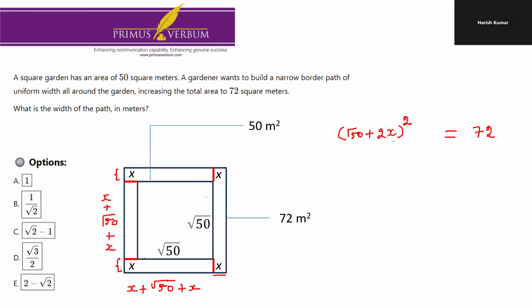Now we want the value of x, but we have root 50 plus 2x, the whole square. If we expand it, we will get x square. We don't want x square. We want the value of x. So we will get rid of the square by taking the square root.